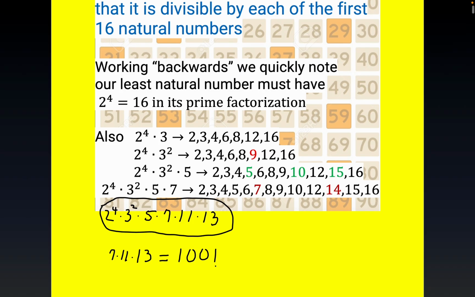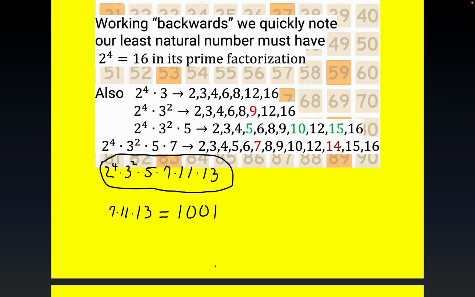So notice that if you had, let me just write it like this, 2 cubed times 3 squared times 5, like this, folks. And notice 7 times 11 times 13 is 1,001, so you have 1,001 right here.